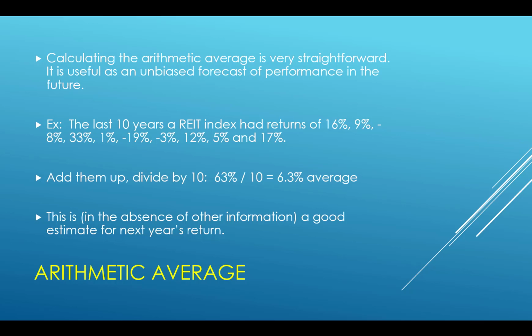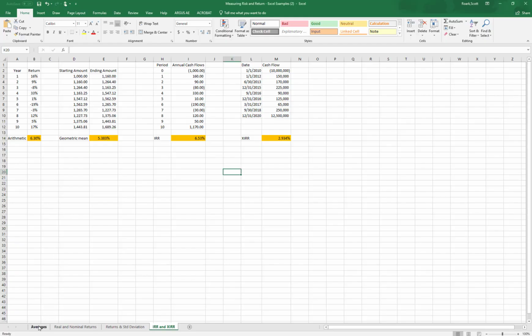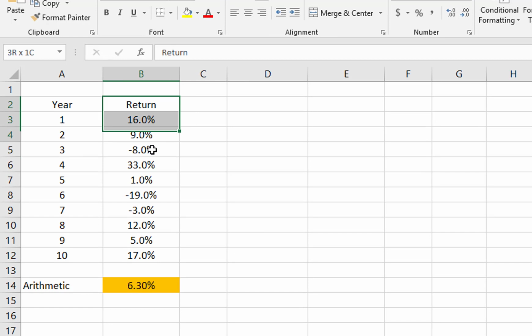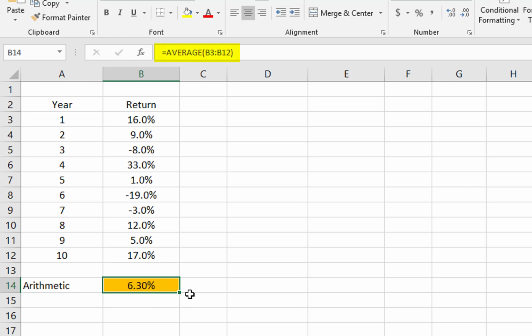You could do this with a pen and paper. You can do this with a calculator very easily. It doesn't have to be a financial calculator. And of course, we can also do this in Excel. Let's just jump over to Excel real quick and see this. We've got the returns listed. We can just add them up, divide by 10, or equivalently, we could use the Excel average function.